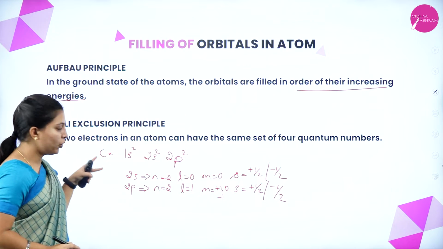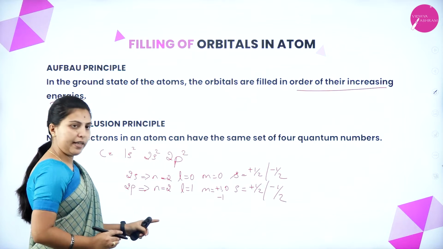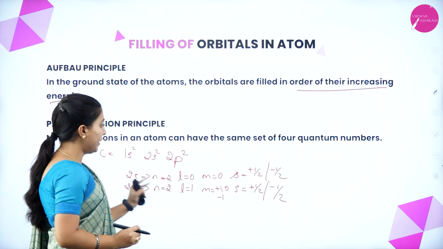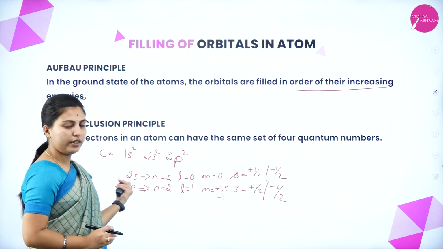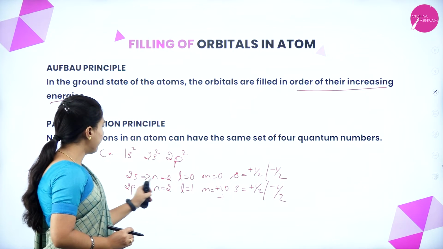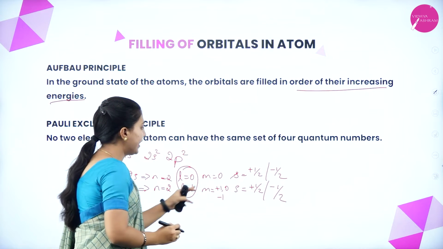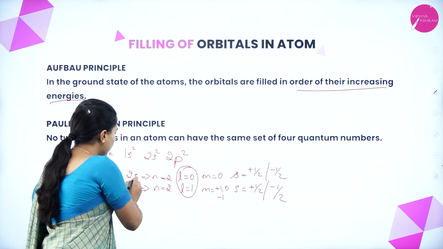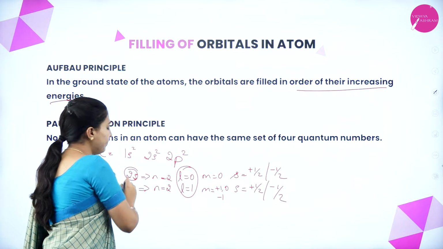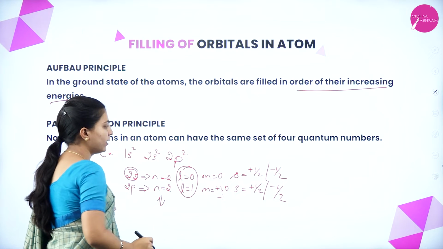Here we have seen 2 orbitals. Both have the same n, but L is different: for S, L is 0, and for P, L is 1. Again M will be different. Now if we take 2s only, 2 electrons will be present.